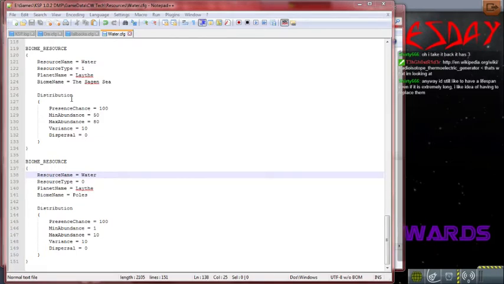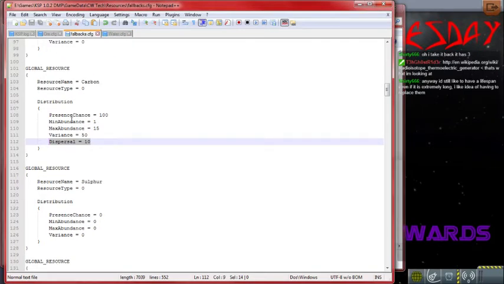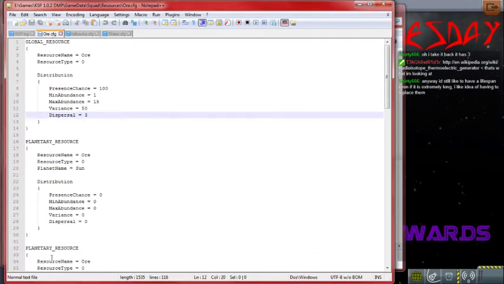Anyway, fullbacks has already been changed. That one's the stop one. So then it's a case of going through all of the resource files.